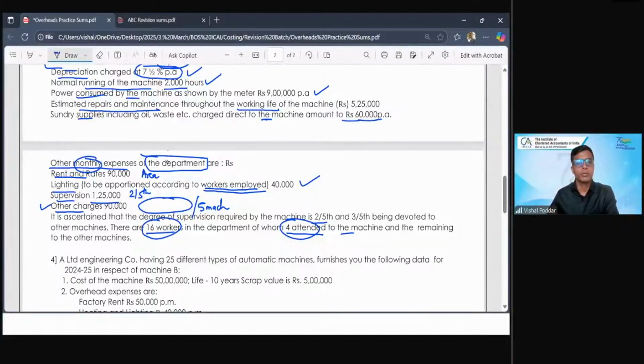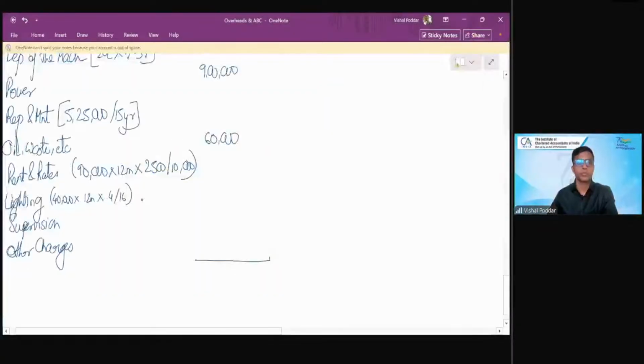Supervision is 125 and it has to be taken as 2/5. Other charges 90,000, and this whole divided by 5 machines.